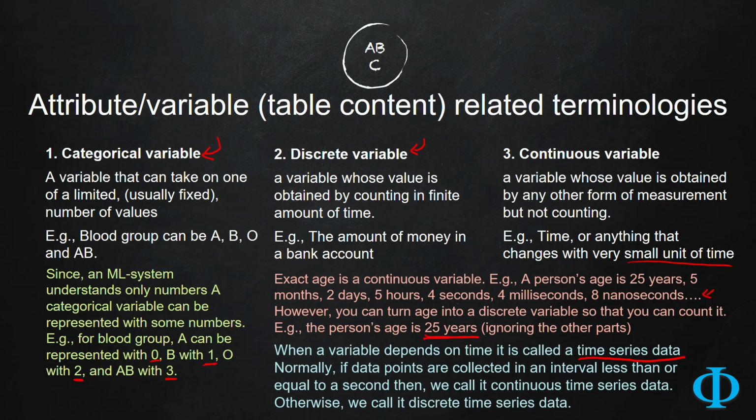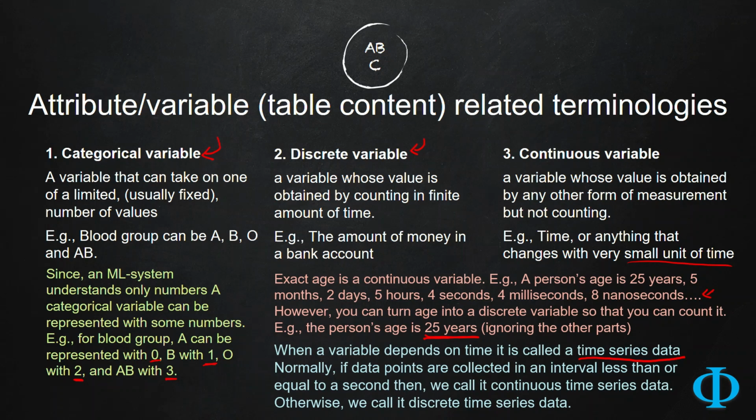Otherwise, we call it a discrete time series data. So for example, if you take the exact age of a person as an input and you just change it over every nanosecond, then it will become a continuous time series data. Whereas if you just take the person's age in years, it will be a discrete time series data.